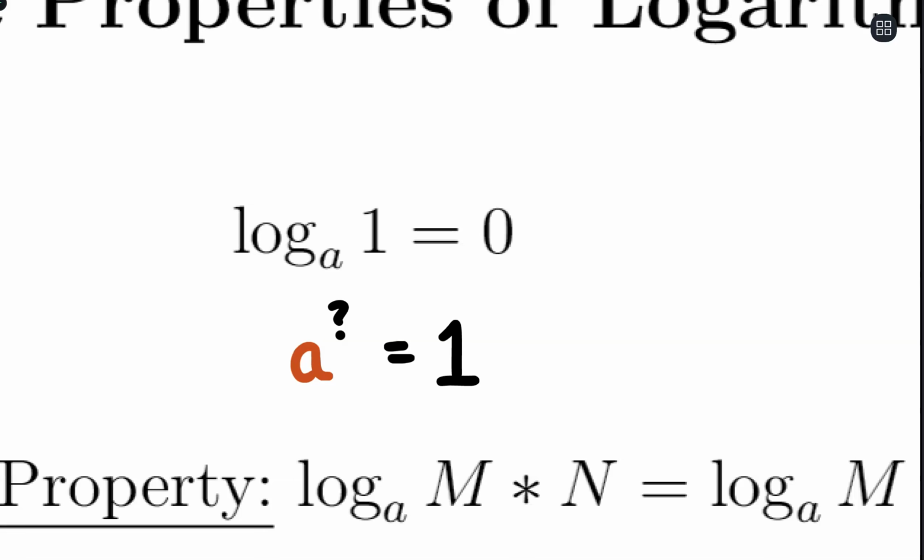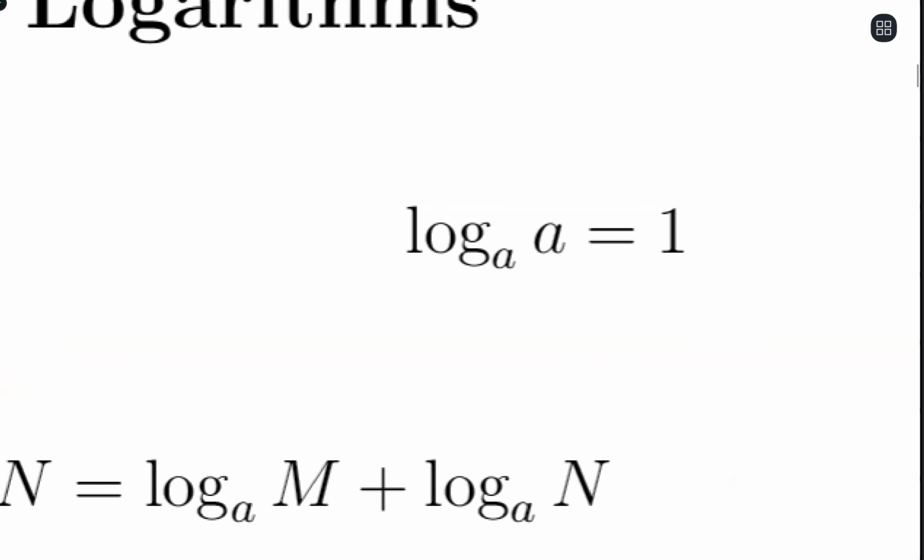Well, to have a base and an exponent and get 1 out, that means our exponent has to be 0. So the property goes that a logarithm with any base of 1 is always going to equal 0. We would always need that exponent of 0 in order to get 1 out. So that's one property that's helpful whenever you're taking a logarithm of 1.